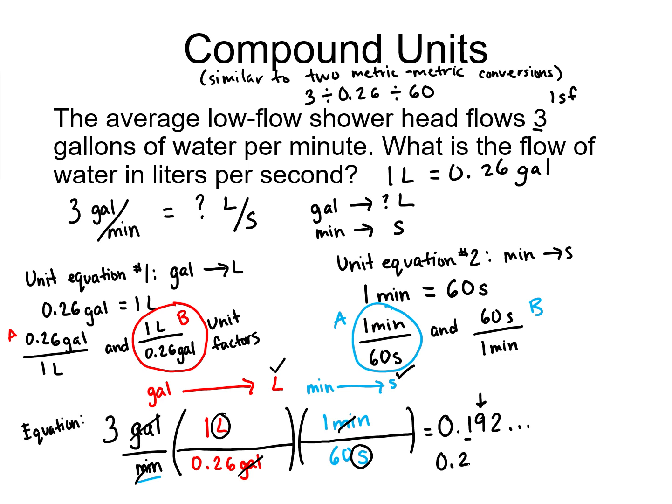So that's 0.2. For our units, it's liters per second. Remember, the question was, how do we go from gallons per minute to liters per second? So liters per second better be the units for our answer.